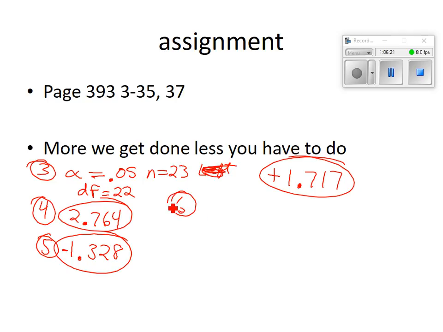Number 6, left-tailed, again, 0.01 and n of 28, so 27, one-tailed, 0.01. What does that give us? 2.473. Everybody agree with that? Yep. It's close. Negative.